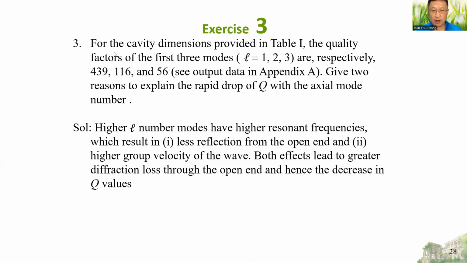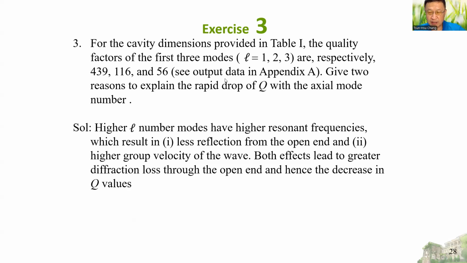Exercise 3. For the cavity dimensions provided in table 1, the quality factors of the first three modes, L equal 1, 2, 3, are respectively here. Give two reasons to explain the rapid drop of Q with the axial mode number, from 400 to 56. It changes a lot. Why?